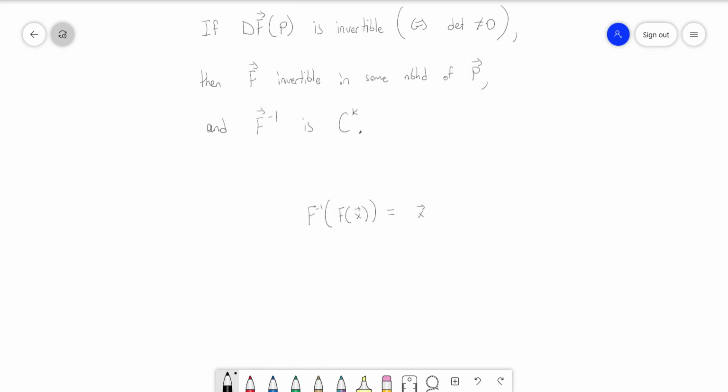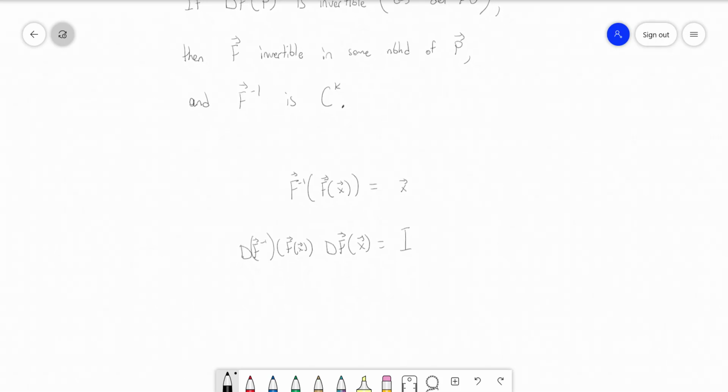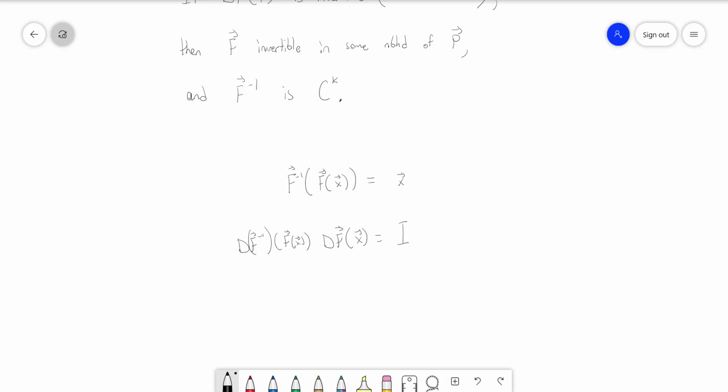If you take the derivative of both sides, you get the derivative of f inverse evaluated at f of x, times the derivative of the inside, the derivative of f at x. The derivative of x is not 1, but the identity matrix, which would be 1 if there were a scalar. So the derivative of the inverse function evaluated at f of x equals the inverse of the derivative of f evaluated at x.